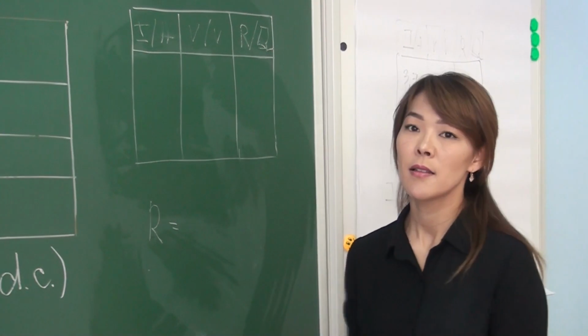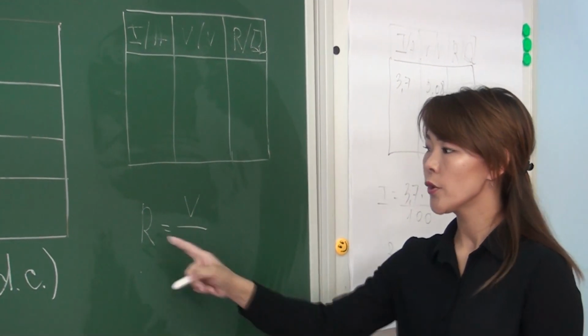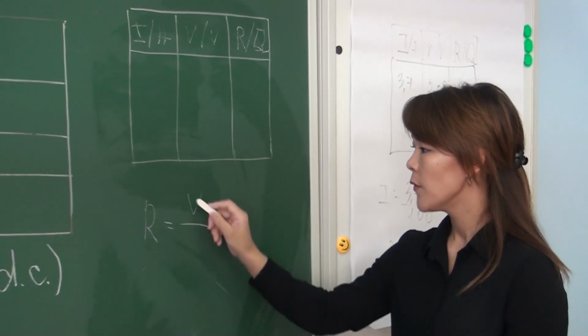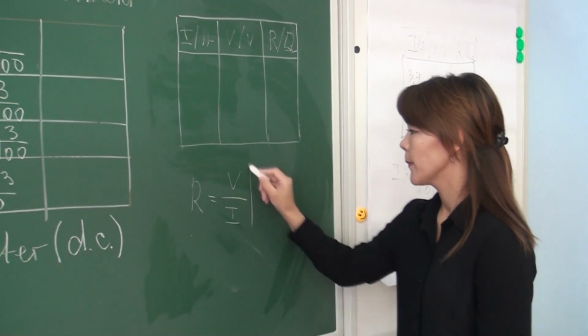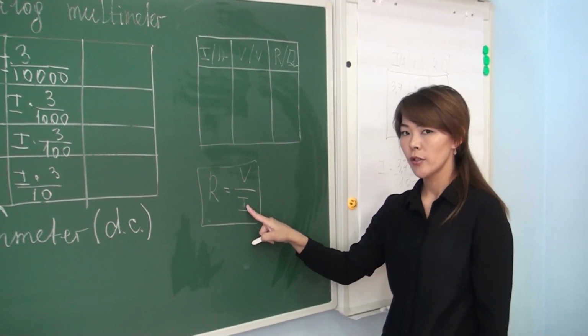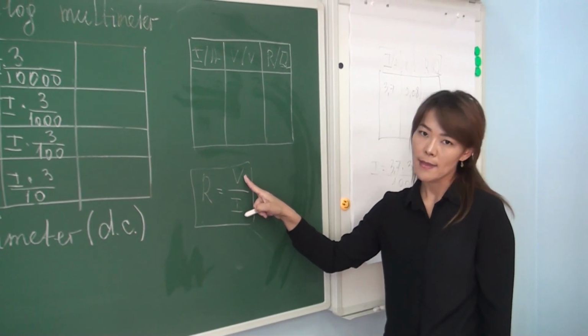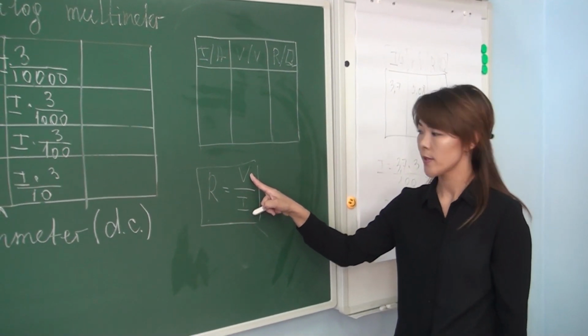In this work we will check the resistance in the simple circuit. To check resistance, we will use Ohm's law: V divided by I. Students should measure current and voltage using the analog and the digital multimeters.